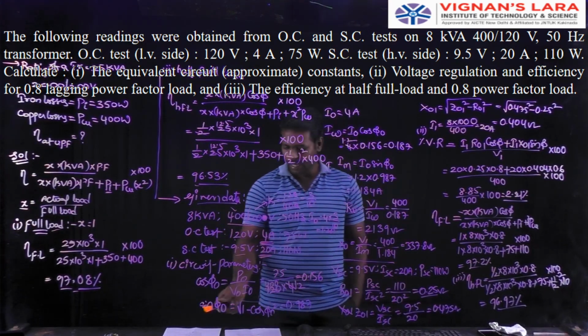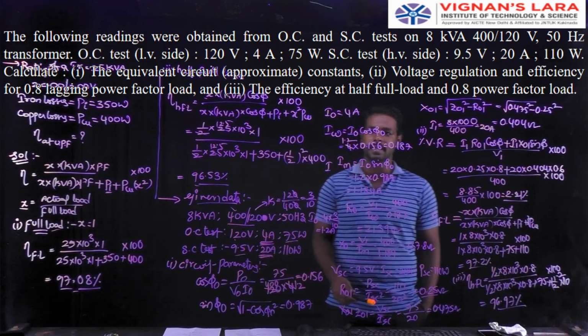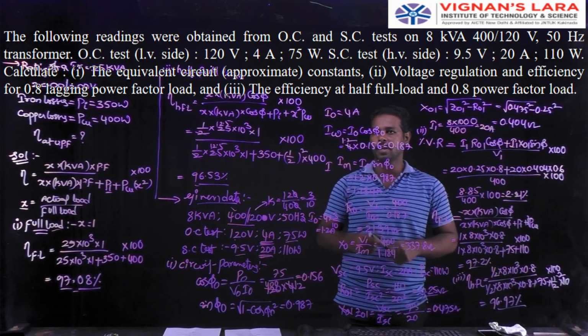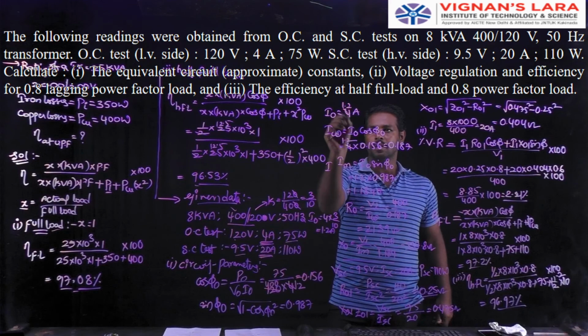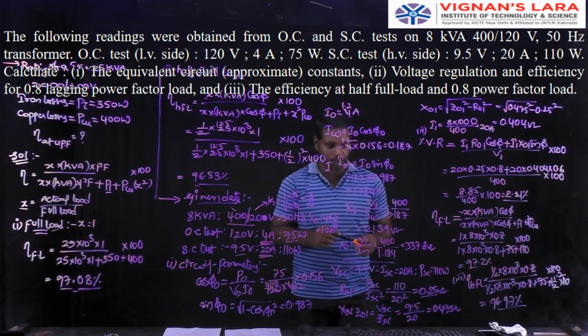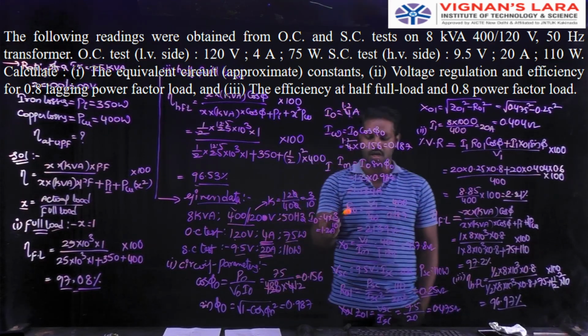Then sin phi naught is equal to 0.987. I naught is 1.2 amperes. IW is equal to I naught into cos phi naught, and IM gives R naught and X naught.